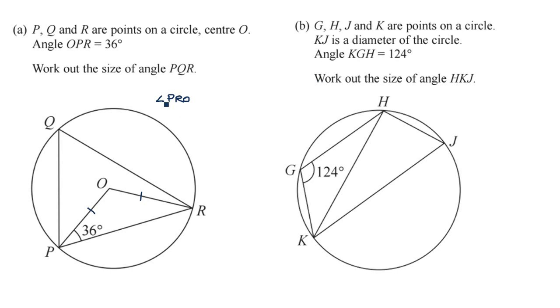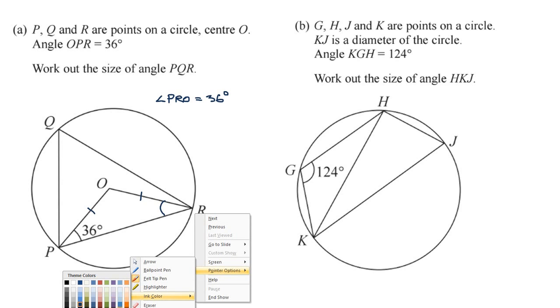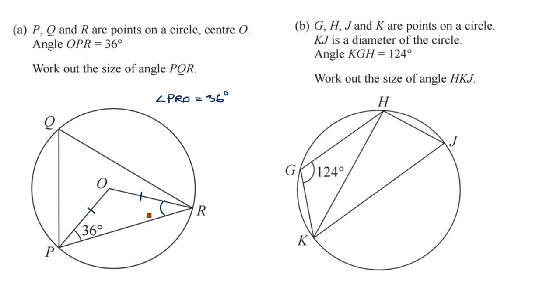I'm just going to write down what the angle is to start with. So we've got PRO, this angle here, 36 degrees, base angles of an isosceles triangle. And now, to make it clearer, I'm going to use a different colour pen here and just mark on the diagram our angles as we're going along. Okay, so now we've got 36 degrees and 36 degrees here.